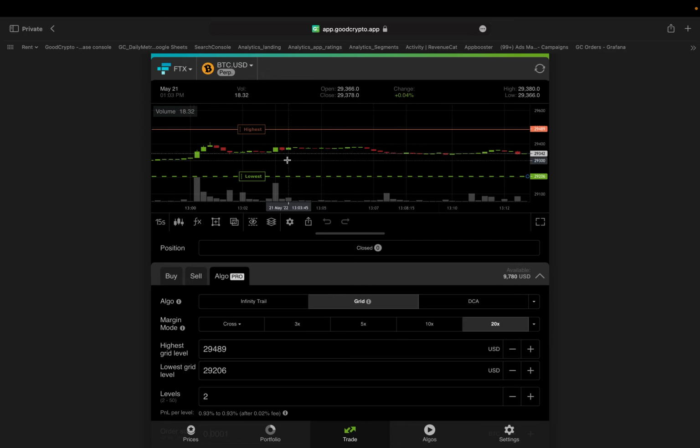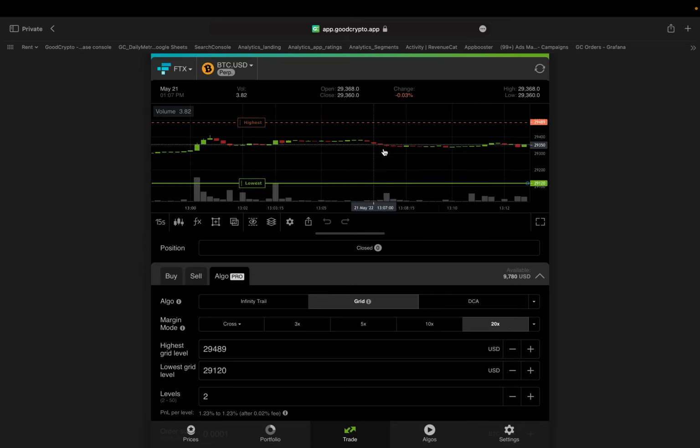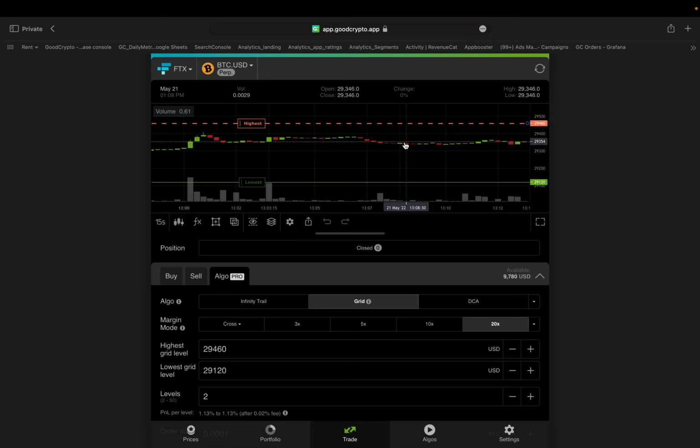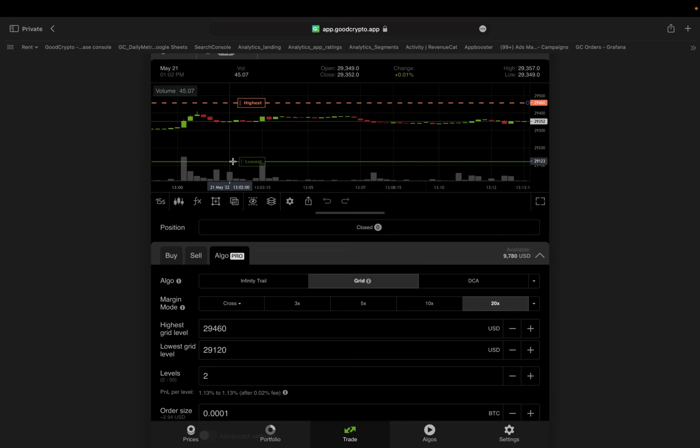So if I set up my grid like this and hit launch here, it will send and put on the exchange a buy limit order of this size at this level, right here.